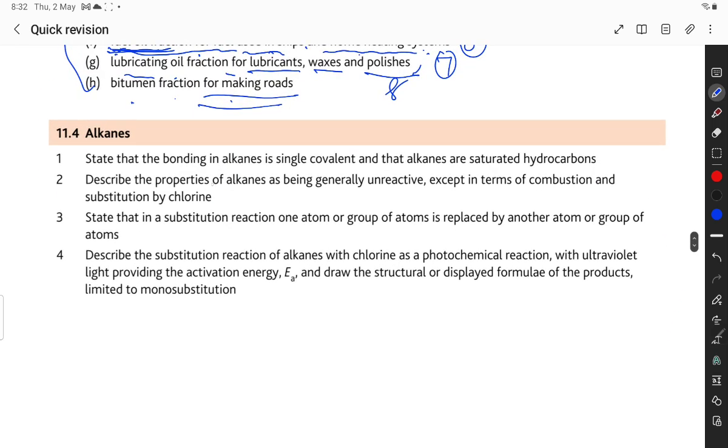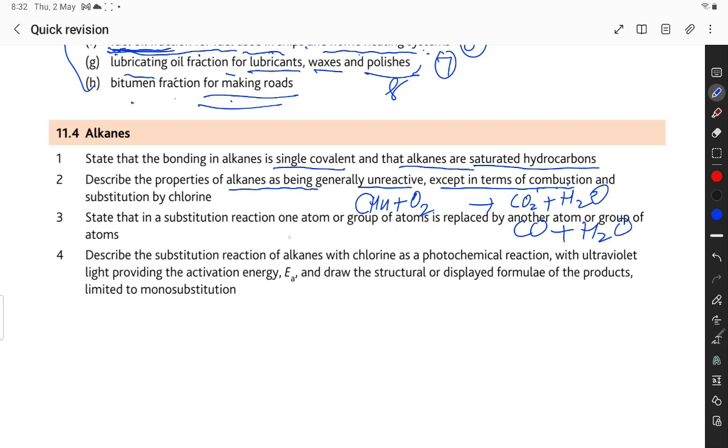Alkanes. State that bonding in alkanes is single covalent bonds, and alkanes are saturated because of carbon to carbon single bonds. Describe the properties of alkanes as being generally unreactive except in terms of combustion. In complete combustion, the products are carbon dioxide and water, for example CH4 plus O2 forms carbon dioxide. Incomplete combustion gives carbon monoxide and water.